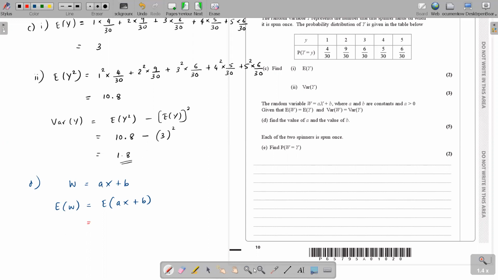When there is a multiplication, what happens to the A? When you have E(AX plus B), you can take the A out: A times E(X) plus B. This is the theory in your S1 book, the theory for expectation and for variance.